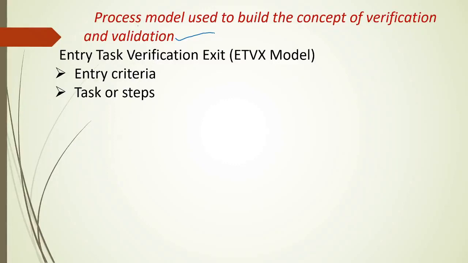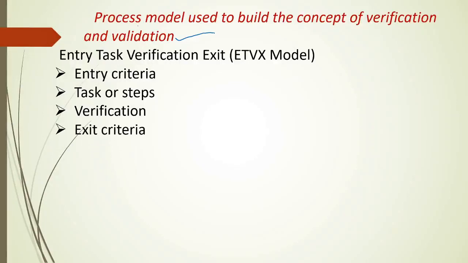Next, verification. It specifies the methods of checking that the tasks have been carried out correctly. So the tasks you have performed, whether they are correct or not, will be verified in this verification.